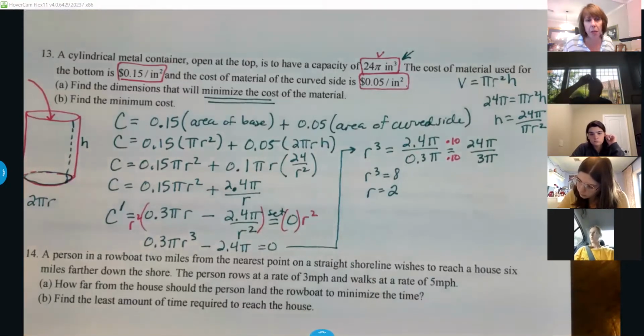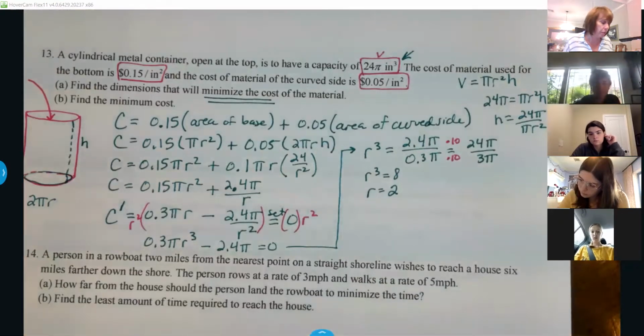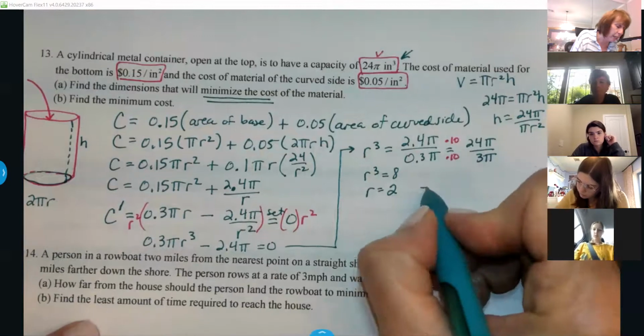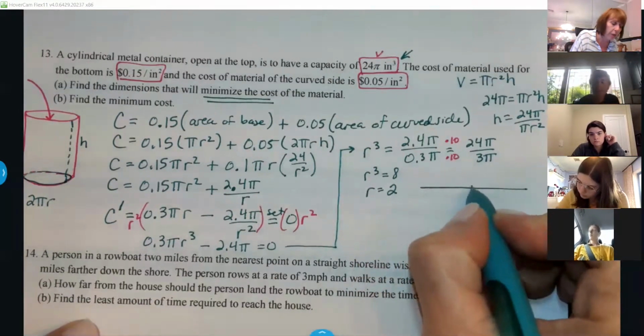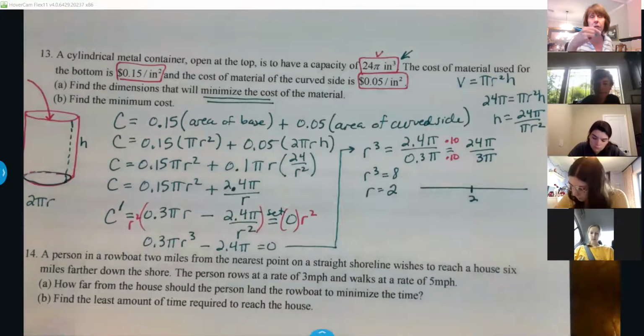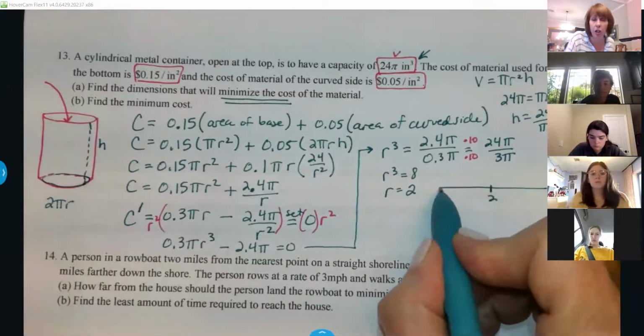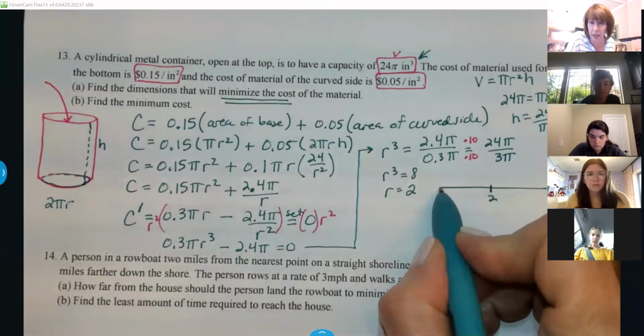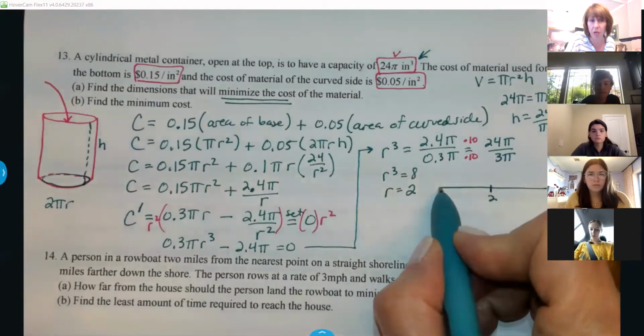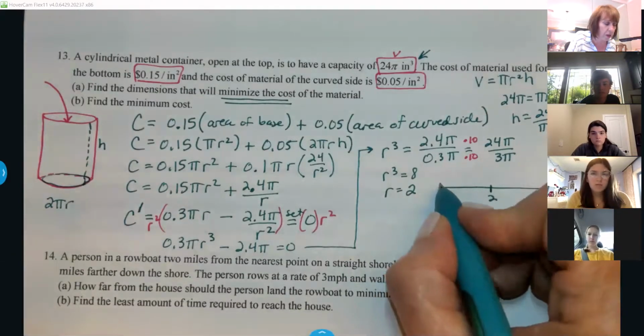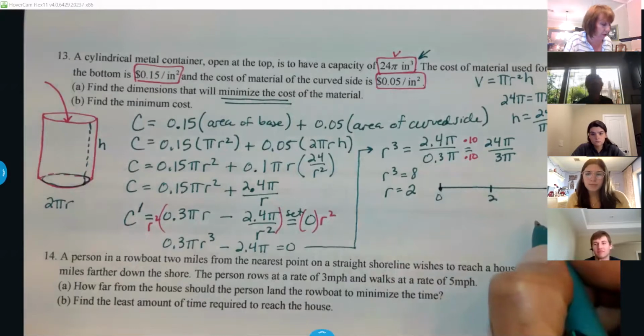How do I know that's a minimum and not a maximum for some reason? Well, to be totally certain, we would do a closed interval test. What's the lowest that r could possibly be, you guys? What's the lowest r could be? Do you agree, 0? Lowest it could be is 0.